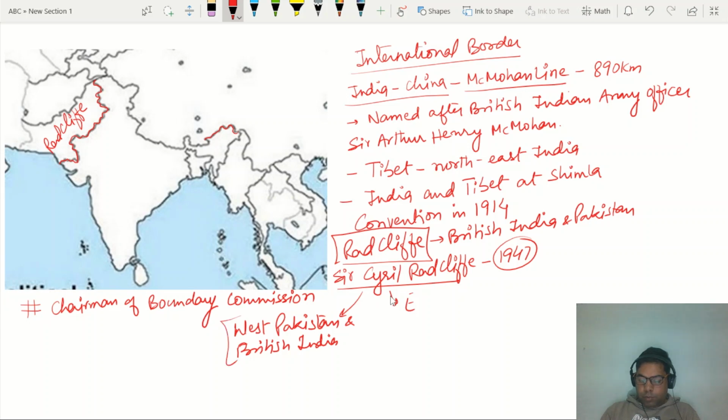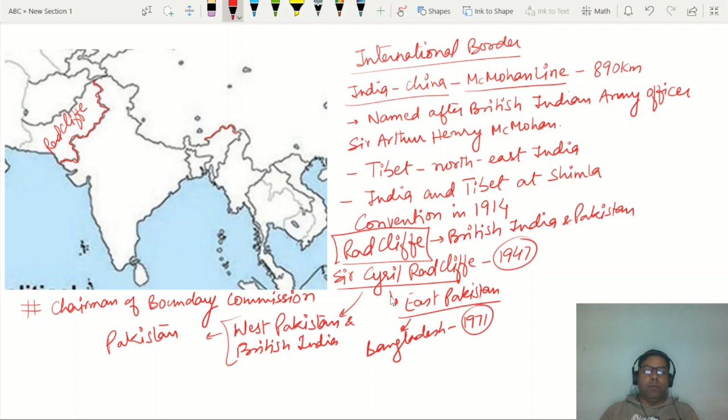West Pakistan is presently Pakistan, and East Pakistan has presently become Bangladesh after liberation from Pakistan in the year 1971. The 1971 war, we remember. That was the liberation revolution, we can say, from Pakistan, right? So there Bangladesh came into existence.